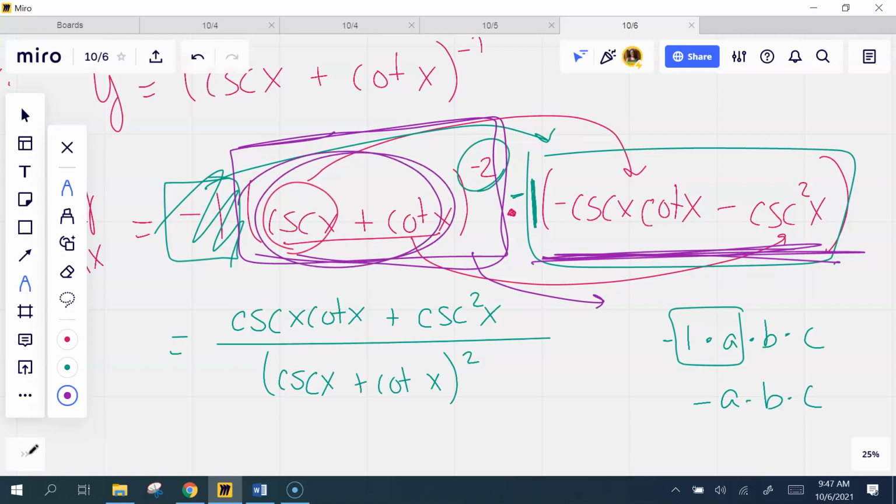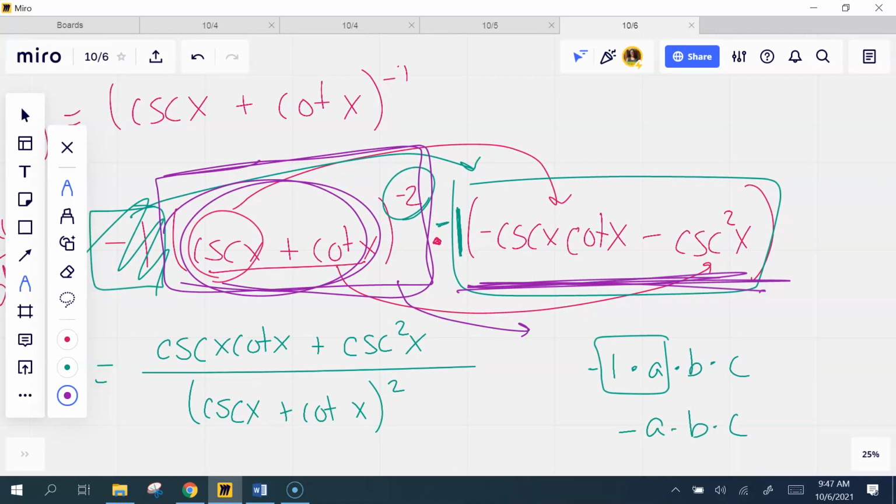That's the chain rule. Think about this as u to the -1. The derivative of that is -u to the -2. That's the power rule. But because of chain rule, I also have to do the derivative of what was inside. You're done now.